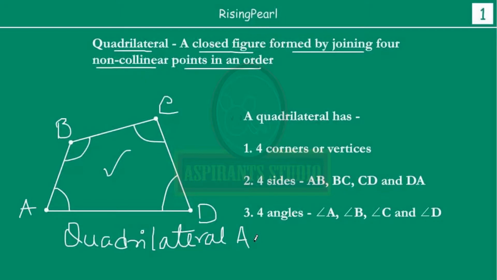Here the vertices are A, B, C, D. Here the 4 sides are side AB, side BC, side CD and side DA. The 4 angles are angle A, angle B, angle C and angle D.